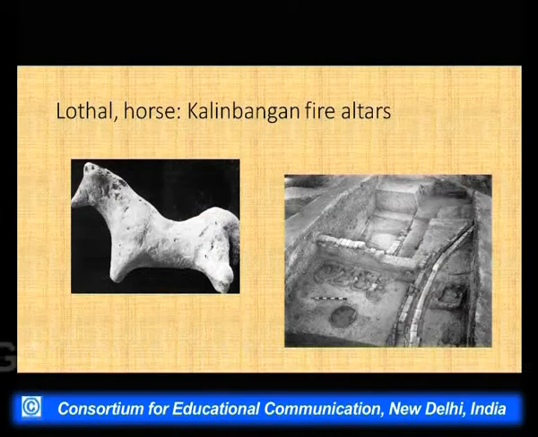Whether it's actually a horse or ass or a wild ass is very difficult to say, but this is a very important find because there is an entire controversy regarding the existence of horses in the Harappan period, and it is said that horses were brought in by Aryans, so-called Aryans, when they came from Central Asia into northwestern India and destroyed the Harappan civilization. The other one is Kalibangan, where you have a series of fire altars in which burnt grain has been found.